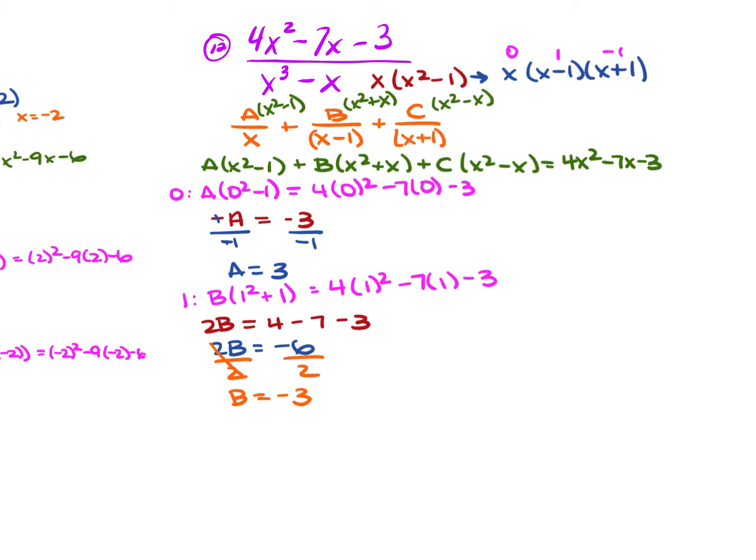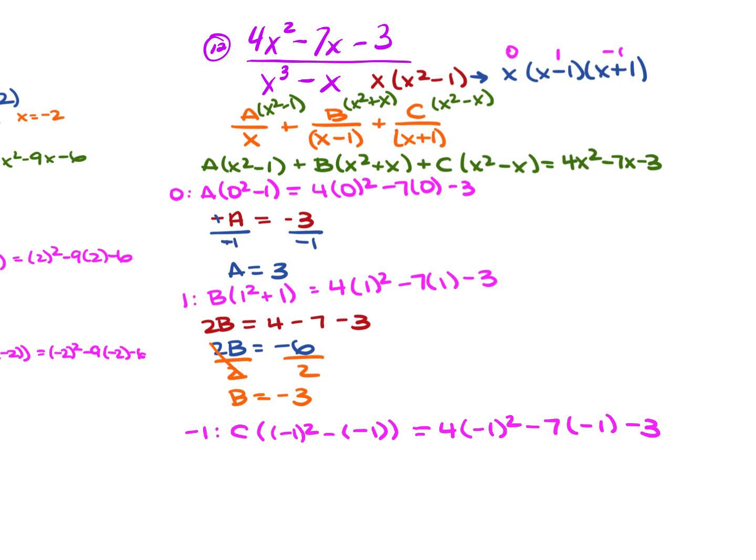You also have that negative 1. So it's going to give us a times negative 1 squared minus 1 is going to cancel that out. B is going to cancel out. C, however, is going to be the negative 1 squared minus negative 1. And we set that equal to 4 times negative 1 squared minus 7 times negative 1 minus 3.